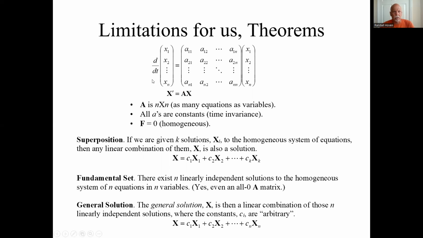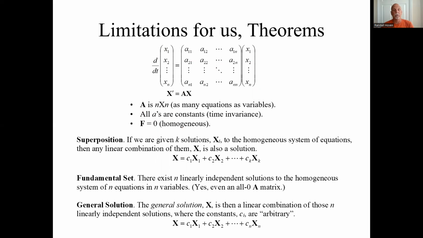So for our little course, we have as many equations as we have unknowns or variables. So A is square. All the little a's are constants, meaning A itself is a constant matrix. And F is 0, meaning the equation is homogeneous.